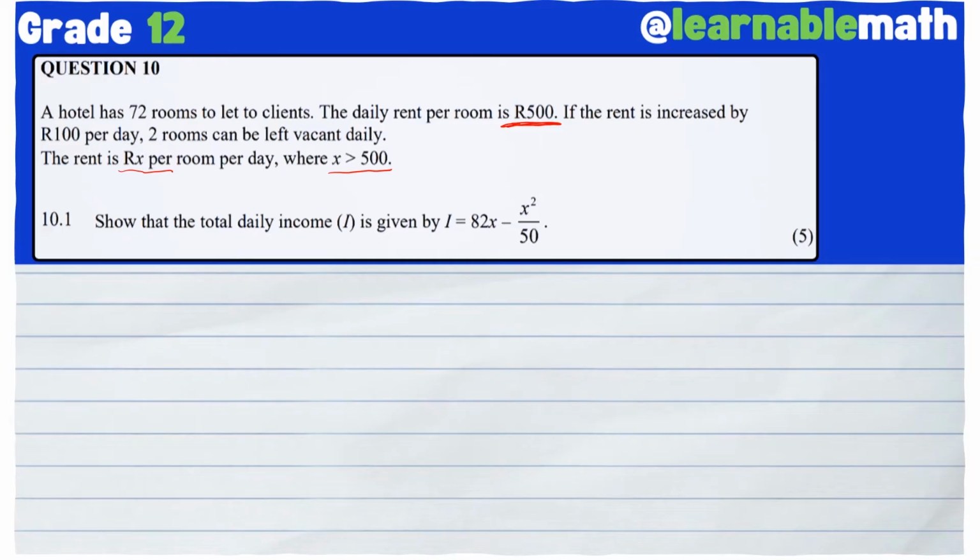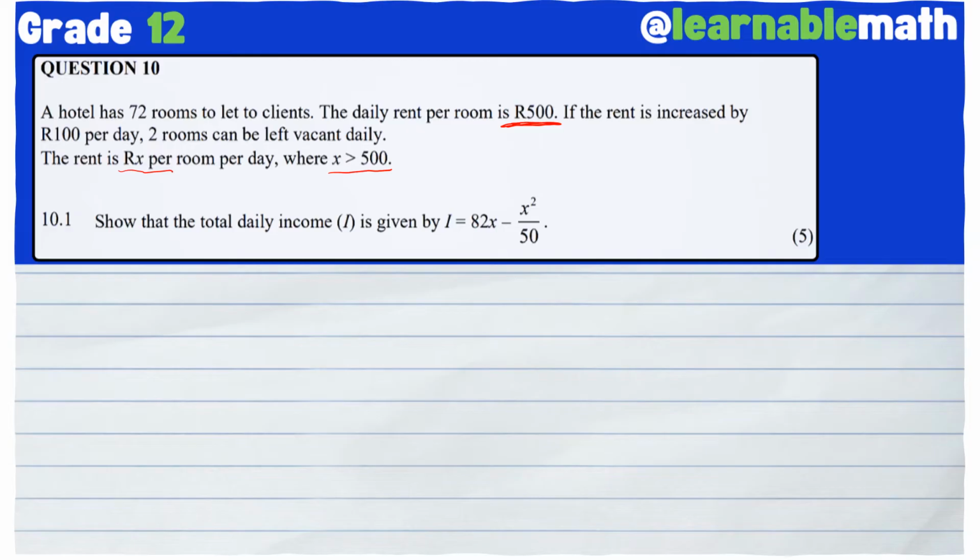How can this company or hotel generate its income mathematically? What is the mathematical expression for the income of this hotel? We do know that the income will be dependent on the number of occupied rooms multiplied by the rent per day.